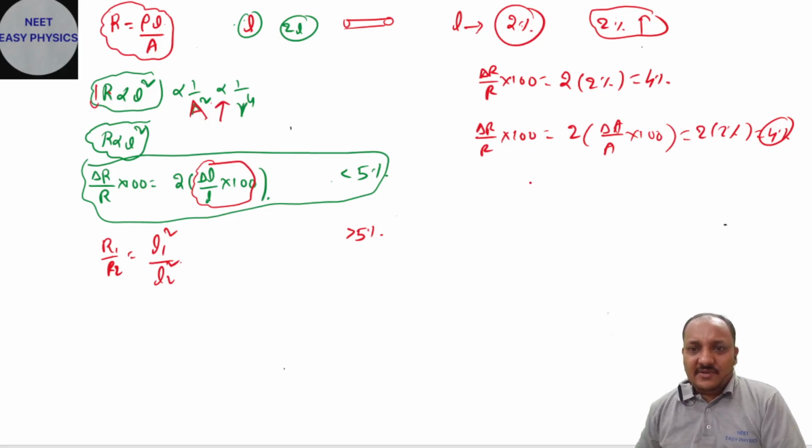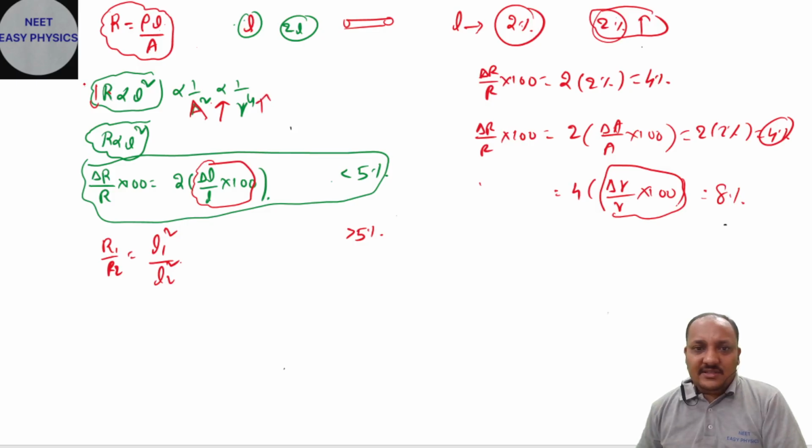Delta R by R into 100 is equal to 4 into delta r by r into 100, because power 4 is there. So if the percentage change in radius is 2%, then it is going to be 8%. If it increases, resistance will decrease. This is for less than 5%, as we discussed.